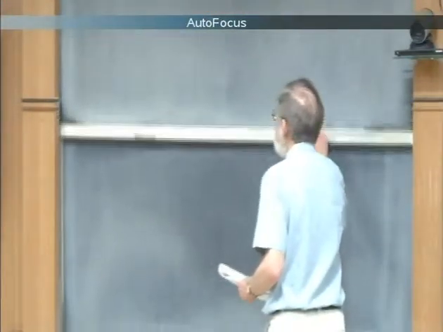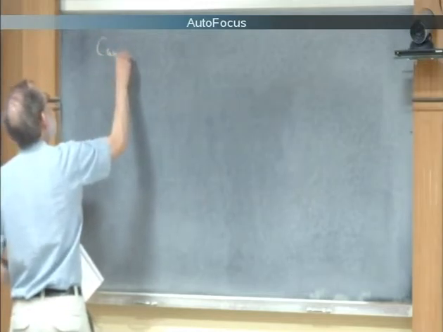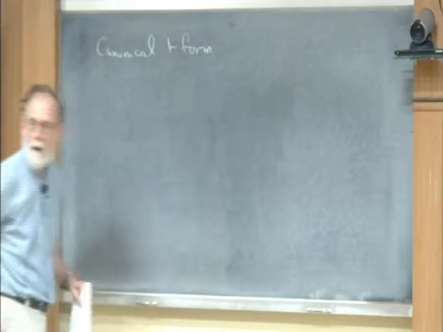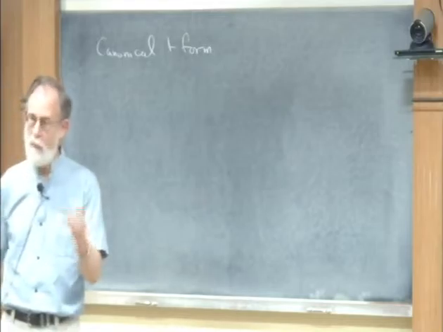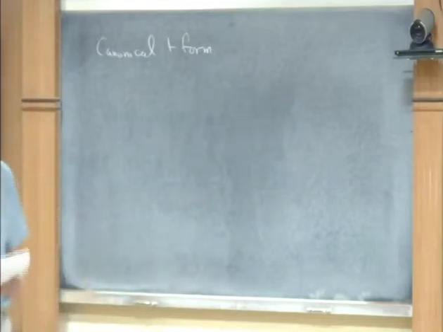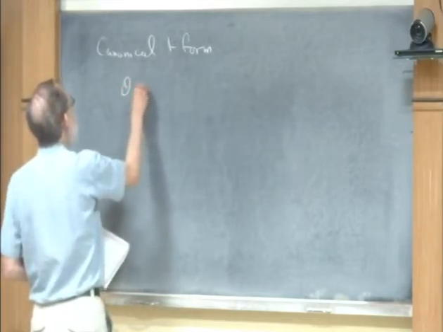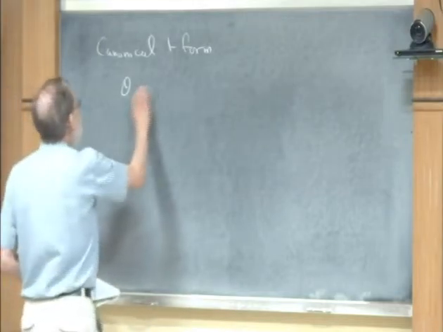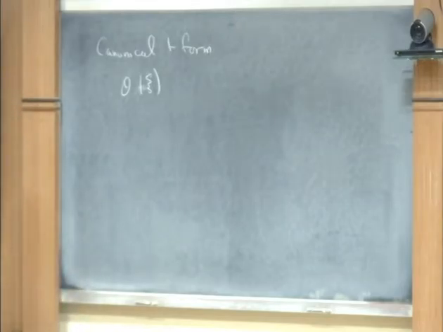Now, the next thing is we have a canonical one-form. This is canonical given the fact that we have a Riemannian metric, because it's got the Riemannian metric built in it. So I will call it theta. I think the choice of letter is not canonical. Some people call it alpha.